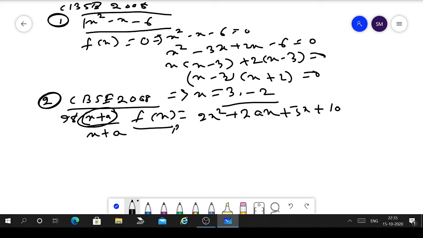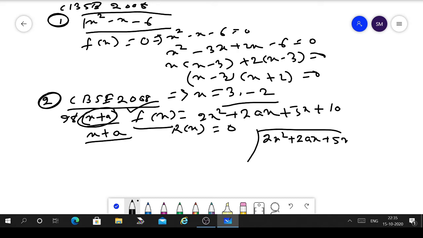Here remainder, as x plus a is a factor of f(x), then this implies r(x) is equal to 0. Then do the division: 2x square plus 2ax plus 5x plus 10 divided by x plus a.